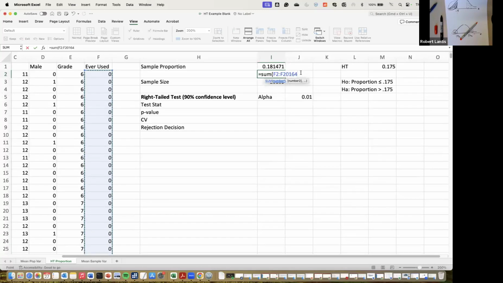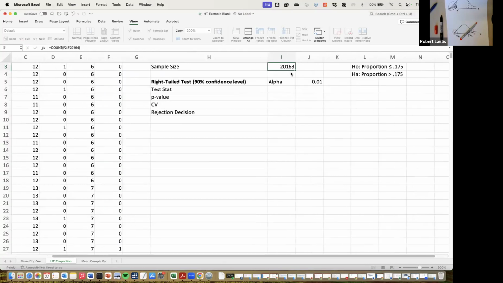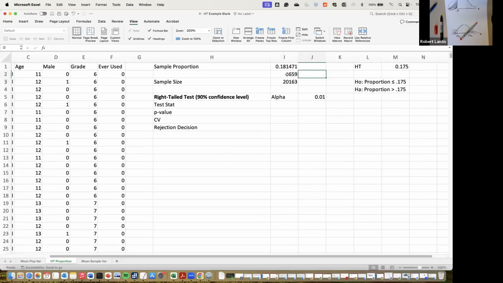Let me go to the top so we can see what I'm doing here. Why is that not showing? Oh, hold on. I must have accidentally hit something. So let's do the sum of this column. There we go. This is the number of people in this data set that have ever used. I could divide that by the total sample size, and I should get that same value, right? So just two different ways of doing the same thing.